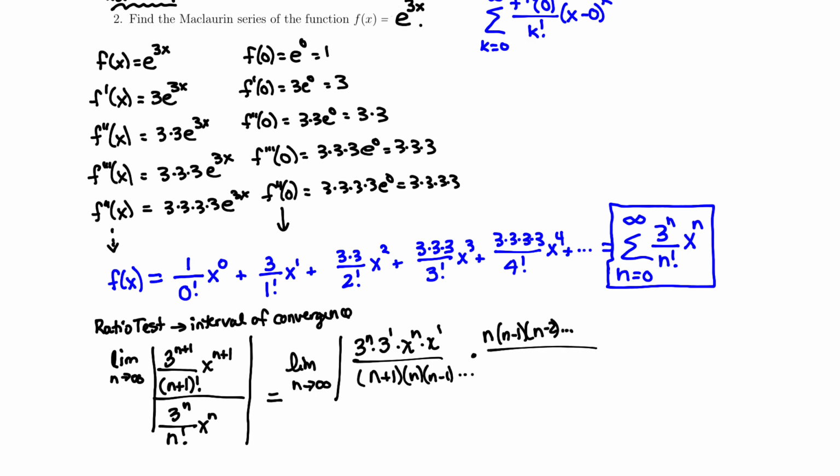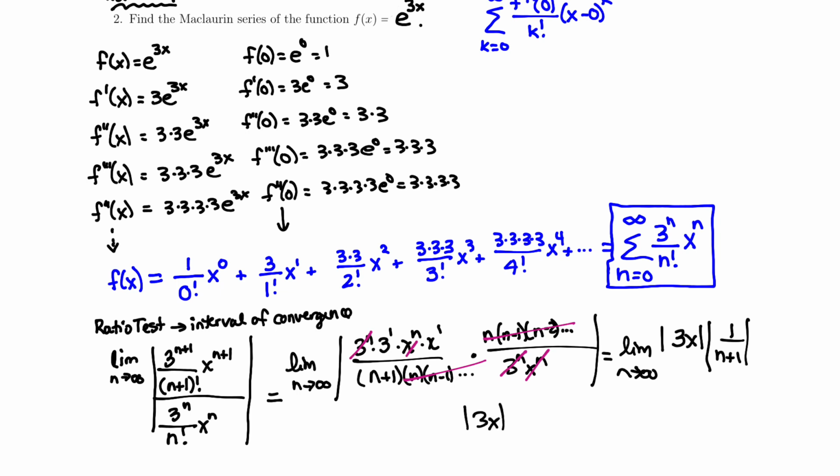And so let's see what cancels up here. And remember, we can separate that x part and even pull it out if you want to, and just focus on taking a limit as n goes to infinity of the rest of it.